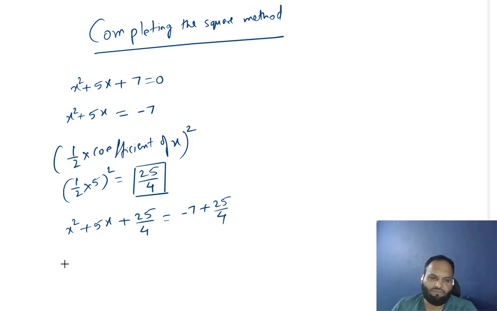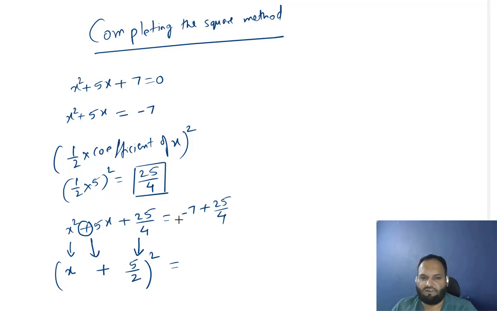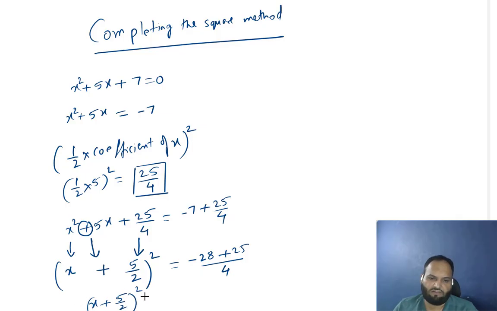Now I have to take square root of the first term, that is x, square root of the last term, which is 5 by 2, and sign of the middle term, that is plus, and I will do whole square. That is equal to, this will be minus 28 plus 25 divided by 4. So I get (x plus 5 over 2) whole square is equal to minus 3 by 4.